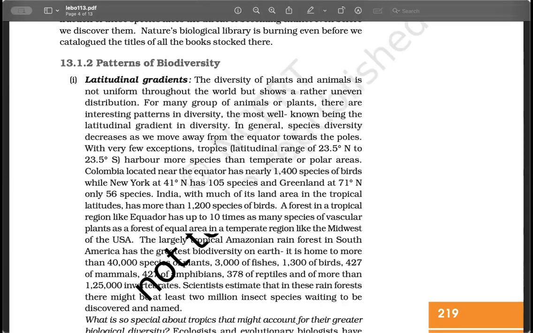This is also a question that comes in biology. It's not related to this chapter, but it's a very famous question: why do you find more big and fluffy organisms towards the pole and not small birds or smaller mammals or reptiles?